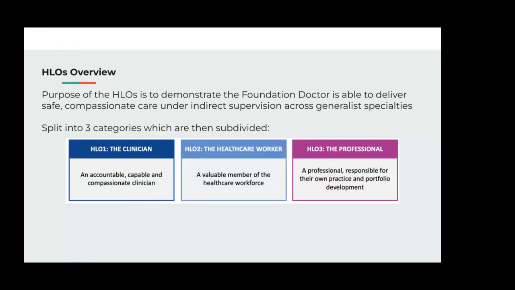And anything that clearly shows that as a professional, I'm gaining more experience, I am acting more professionally within the department, that's going into HLO3. Okay. Ultimately, mapping things to the HLOs, as with your whole portfolio, is just to demonstrate that you're delivering safe, compassionate care, and that you can do it under indirect supervision across generalized specialties going into F2.